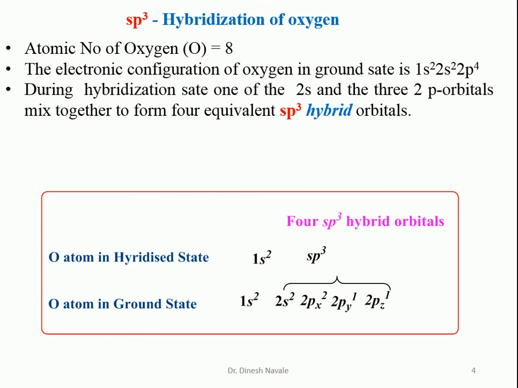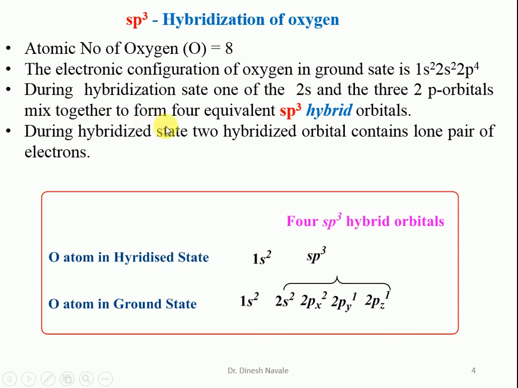During the hybridized state, two hybridized orbitals contain lone pairs of electrons. So this is the case we are going to observe: 1s2, 2s2, 2px2, 2py1, 2pz1. For sp3 hybridization, we require one 2s orbital and three 2p orbitals, and it gives the formation of sp3 hybridized orbitals.